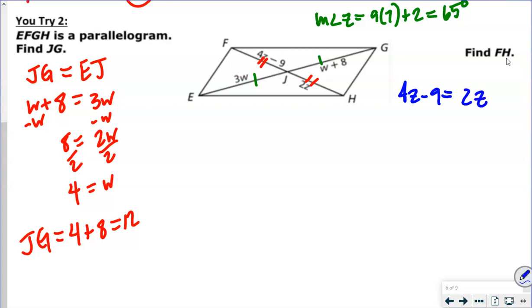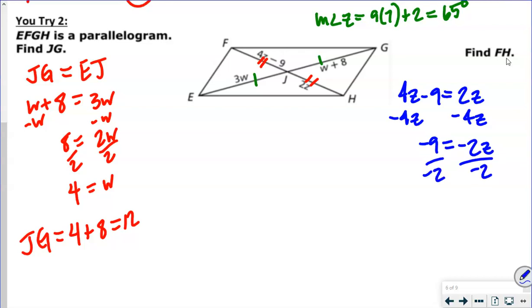So I'm going to subtract 4z from both sides. Okay, so that gives me negative 9 is equal to negative 2z. Divide both sides by negative 2. If we divide a negative by a negative, hopefully you remember you get a positive, right? So z is equal to 4.5.